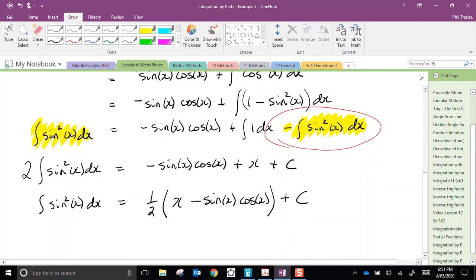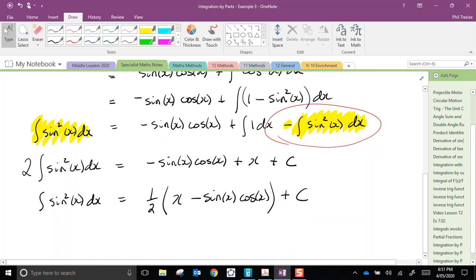This way we could add it to both sides rather than evaluate it, because that was the whole question, to evaluate the integral of sine squared x dx. We could add it to the left hand side, giving us double what we were looking for. And then of course, just by dividing by 2, we have our answer.